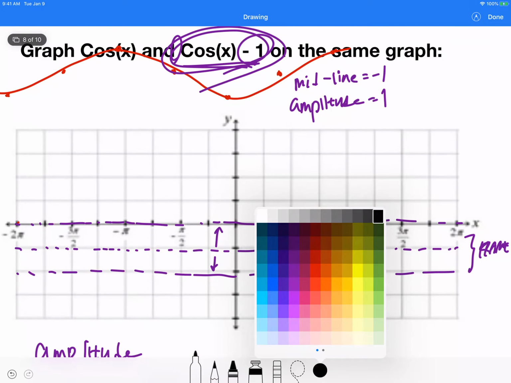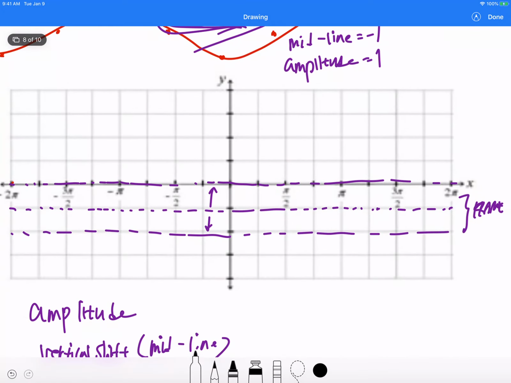And then you apply the same rule. At 0, you start at 1, right? That's starting at your max. For cosine, you start at max and it just keeps on alternating. At pi over 2, it goes to the midline. Then it goes to the minimum. Then it goes to the midline. And then it goes to the maximum.